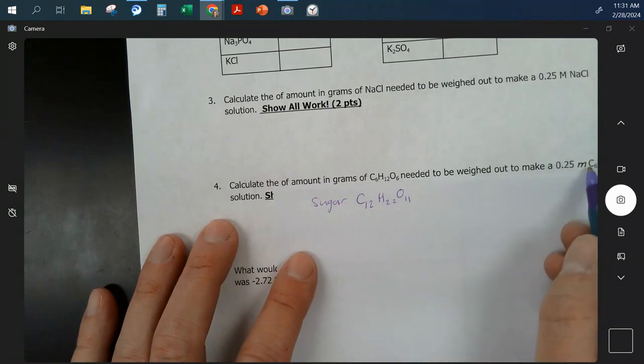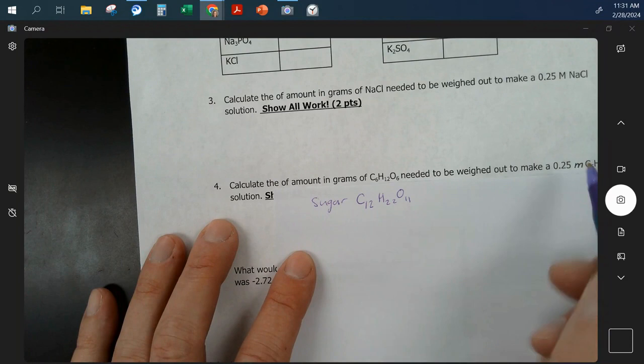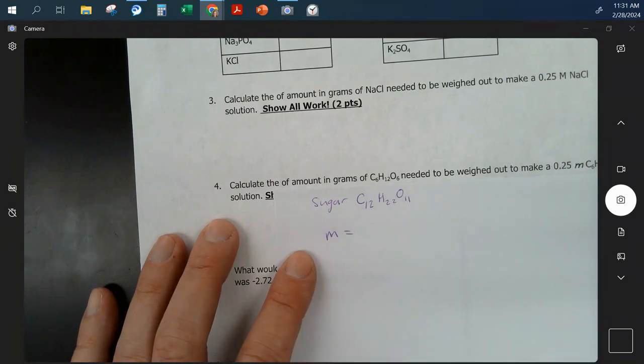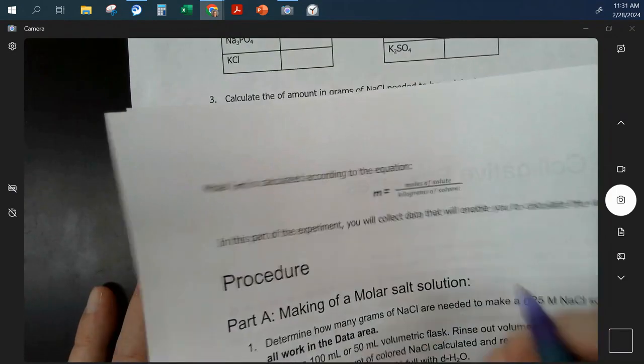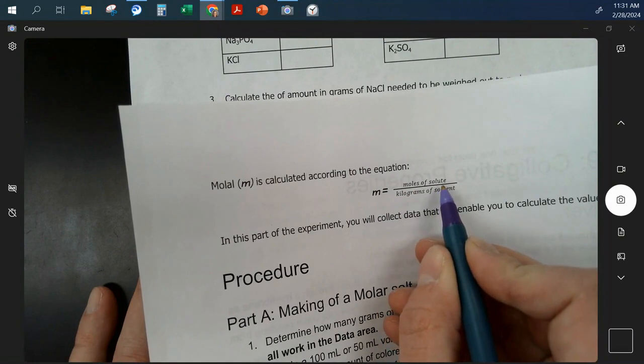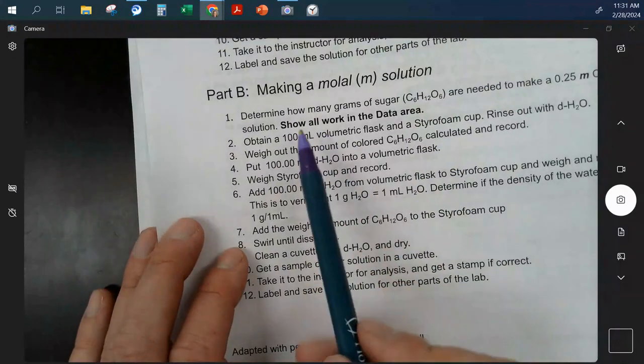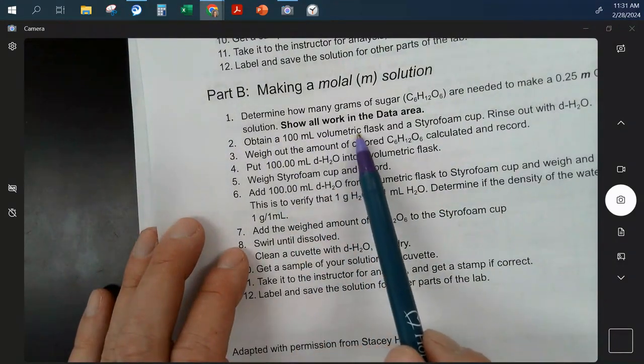Okay, so we are using little m. Little m is on the second page of our lab instructions. Little m is molality or molal, moles of solute over kilograms of solvent. So in the procedure, hopefully you will notice it says obtain 100 milliliter volumetric flask.